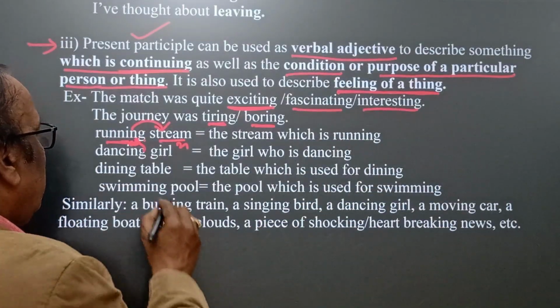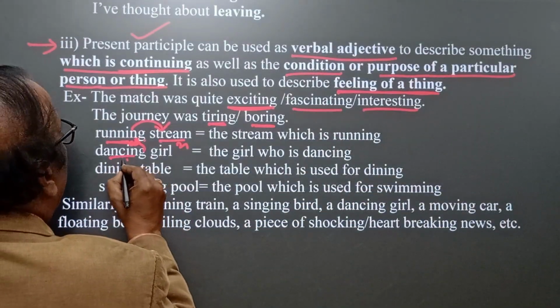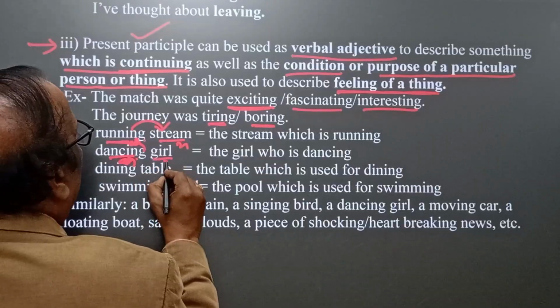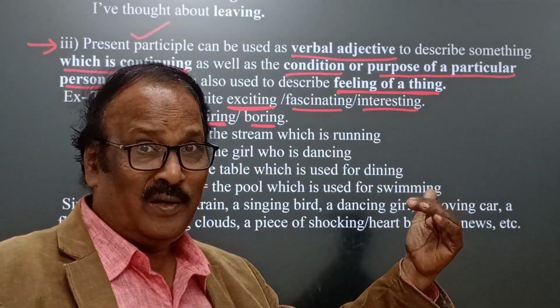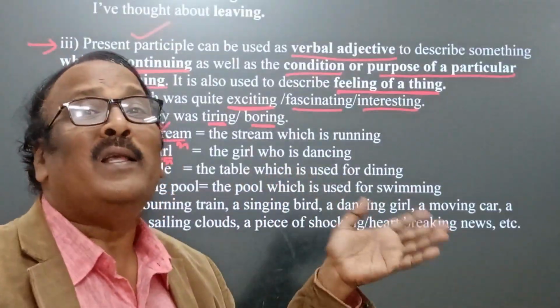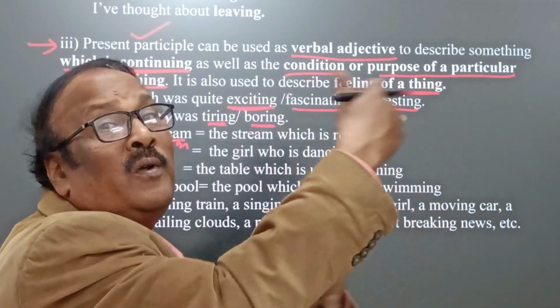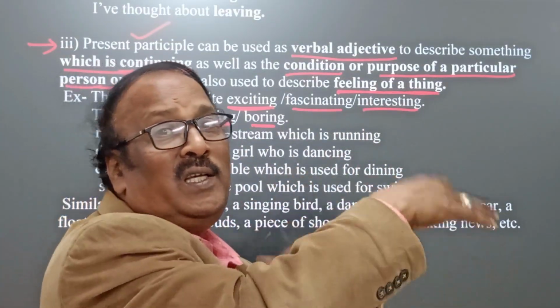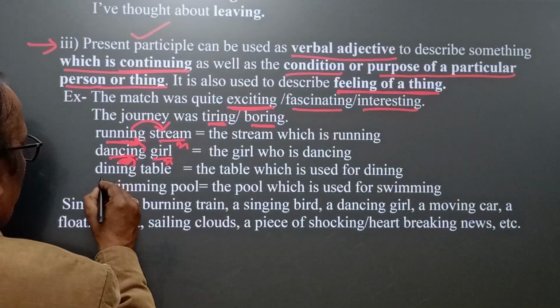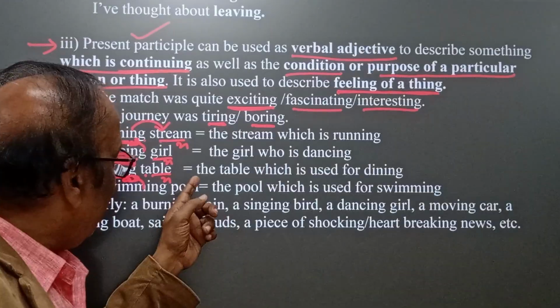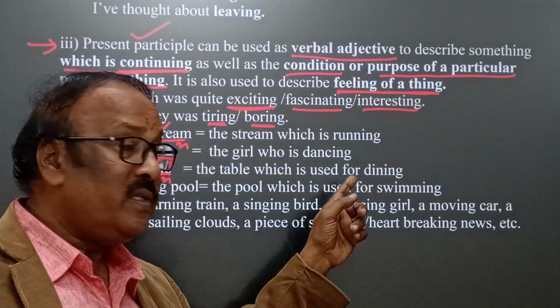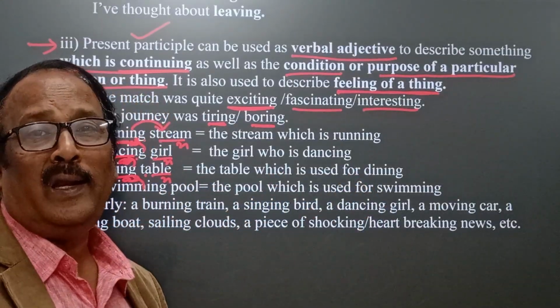Dancing girl, yes, dancing here is an adjective, and girl is the noun, the girl who is dancing or who was dancing. The action was or is in progress. Dining table. Dining here is an adjective, table is the noun, meaning the table which is used for dining.